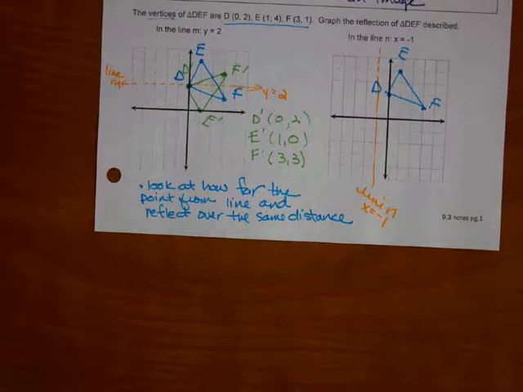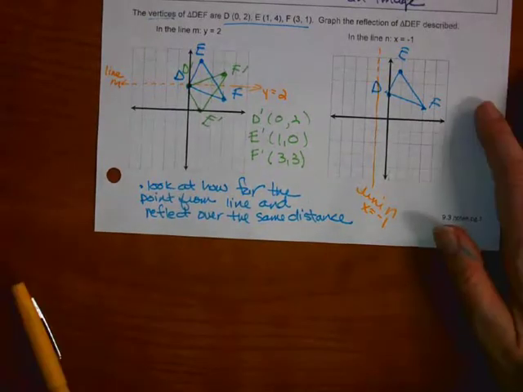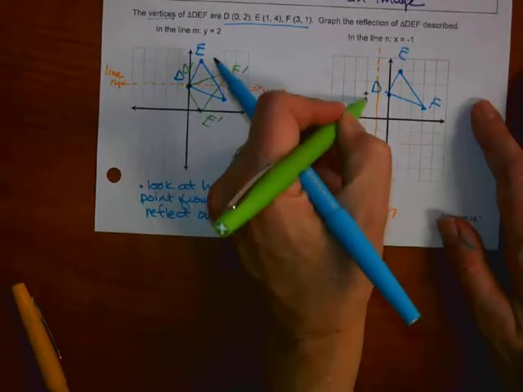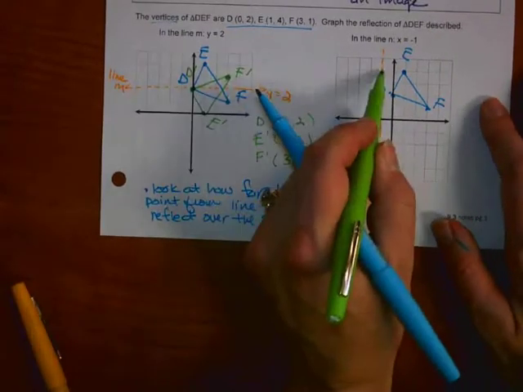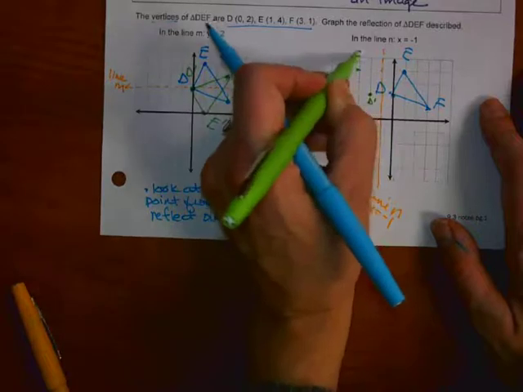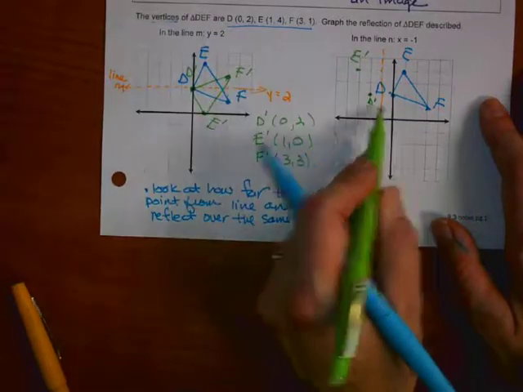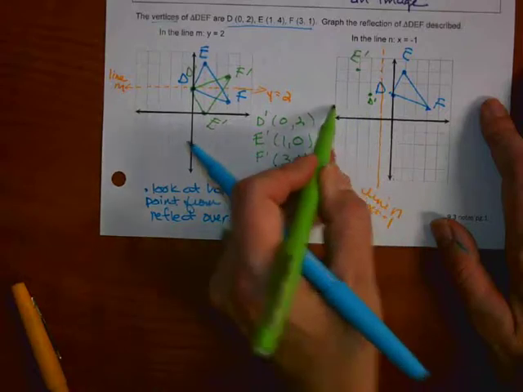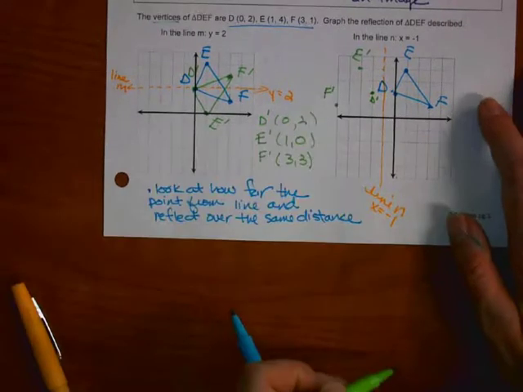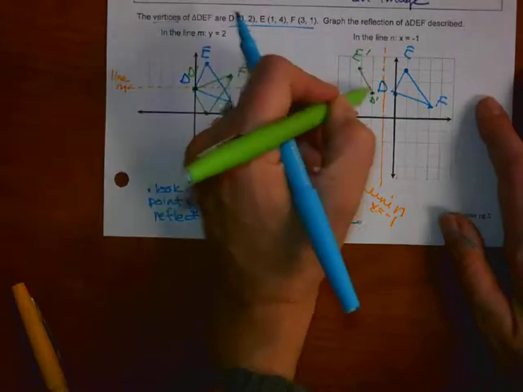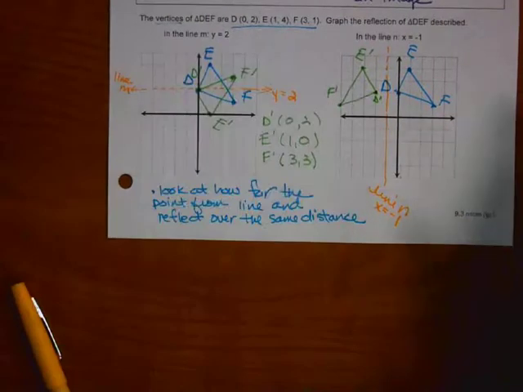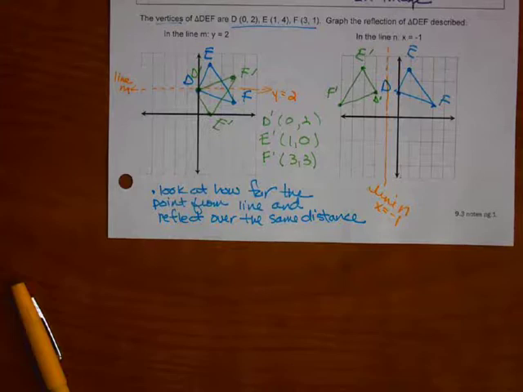What's going to stay the same here, the x coordinates or the y coordinates? The y coordinates stay the same. The x coordinates change. So this is 1 away from the line, so there's my D prime. This is 2 away, so I'm going to go over here. E prime. 2, 3, 4. 1, 2, 3, 4. And F prime. Each vertice at a time. Nifty, huh? Not too bad. We don't really need to write the ordered pairs down.